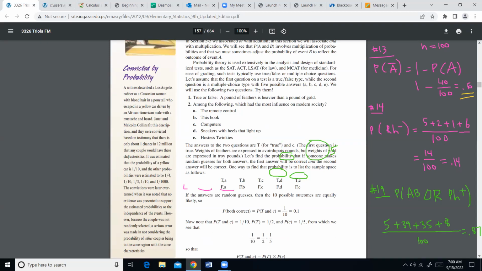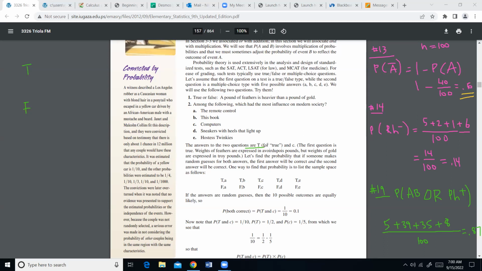Let's see what is going on here. So I'm looking at the case right now when we have the probabilities of an experiment designed from 2 steps. The first step is answering a question in the form of true or false. So that's the first step.